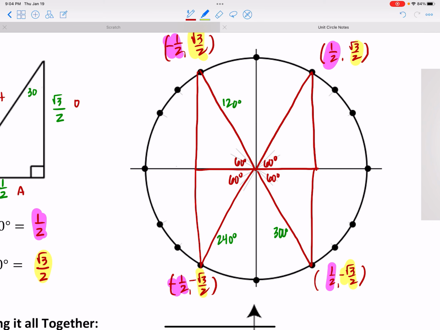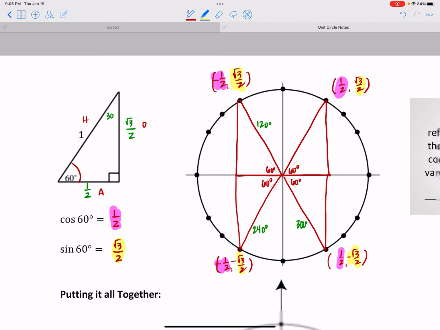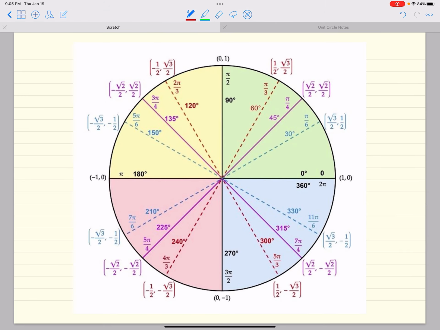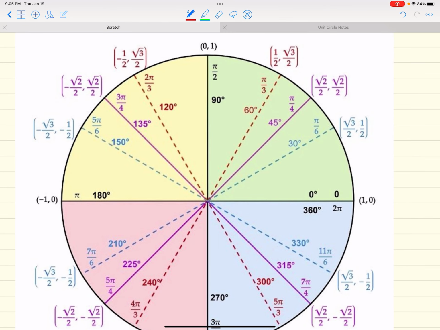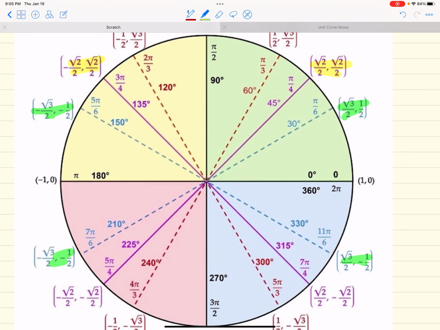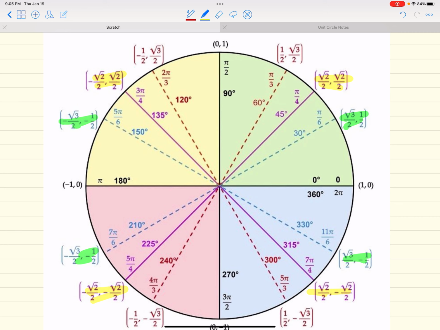Okay. Now in that picture that I showed you in the beginning, let me just go back to it for a second. Here's our unit circle. You can see all these coordinates, how we have similar things happening, right? All the coordinates here, here, here, and here, those are all the angles that have the 30-degree reference angle. All the coordinates here, here, here, and here, those are all the angles that have the 45-degree reference angle, and all those coordinates are the same, right?